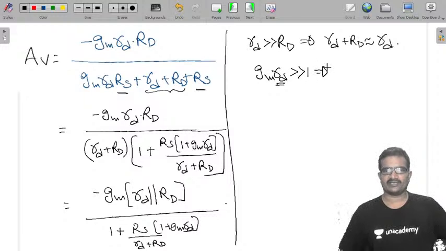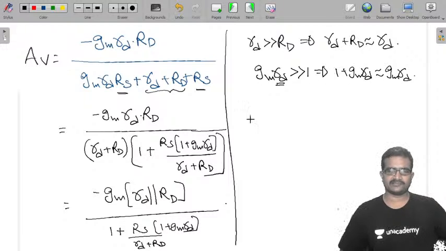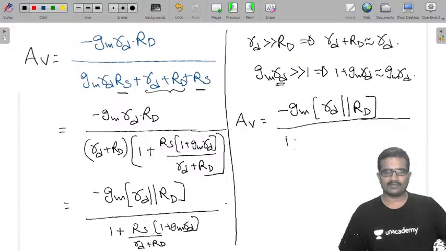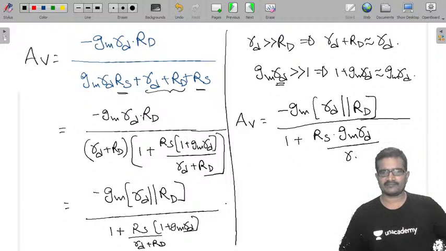Now from this we can write 1 plus gm into capital RD as approximately gm rd. I am writing these assumptions here. Now therefore voltage gain is minus gm into capital RD parallel with small rd parallel with capital RD by 1 plus RS into gm into rd, by these two replaced by small rd.